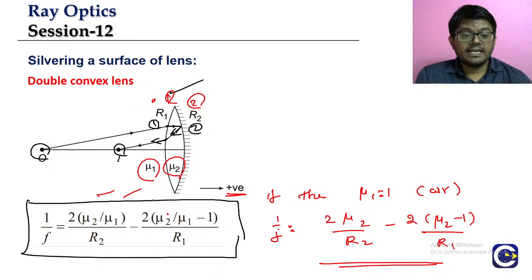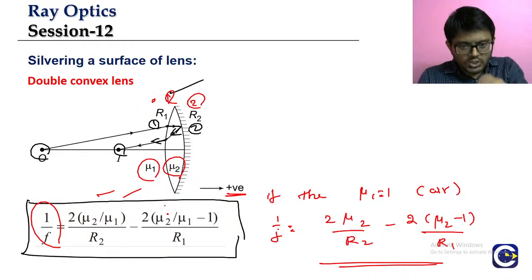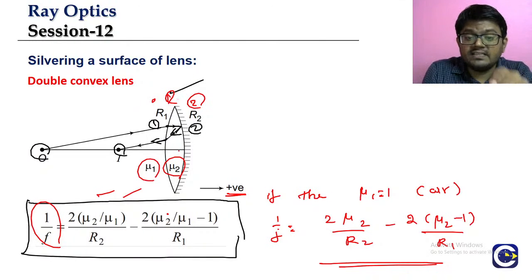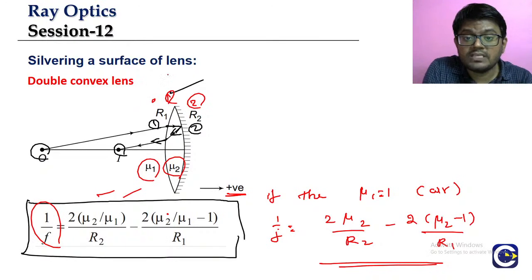Okay. And you may ask what we are going to do with this focal length. You want to find the image formation by this lens which is silvered. We already said this lens is now going to act as a mirror, because light rays will never go to the right side. Light rays will come to the left side only, right? So to understand the image formation, we have to use the mirror equation.